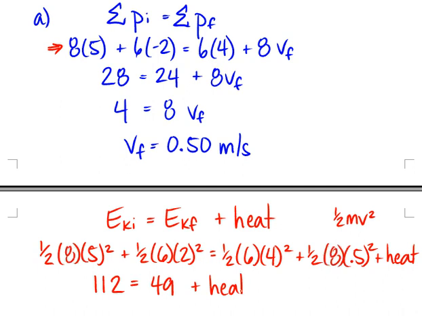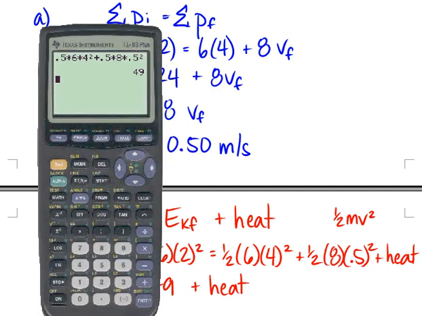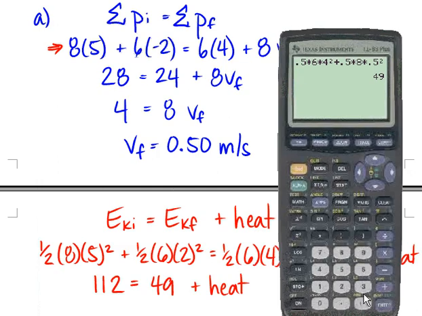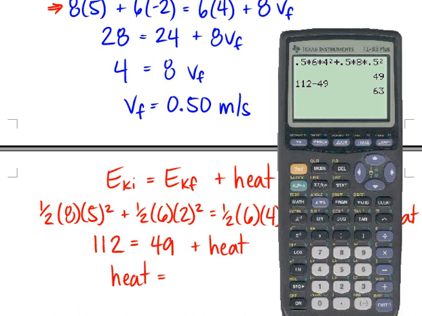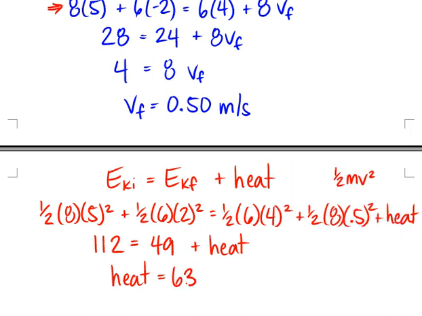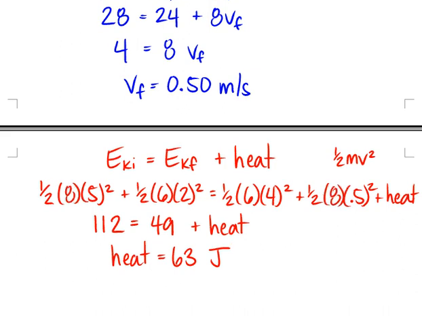So that means however many joules disappeared from that left-hand side, that simply has gone into heat. So 112 minus 49, 63. So this was an inelastic collision. We lost some kinetic energy. What did I say? 63 joules worth. There you go. I will stop this first lesson right there.